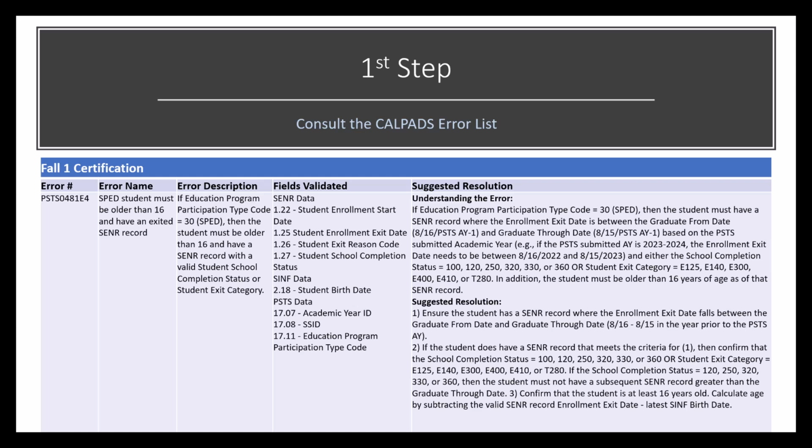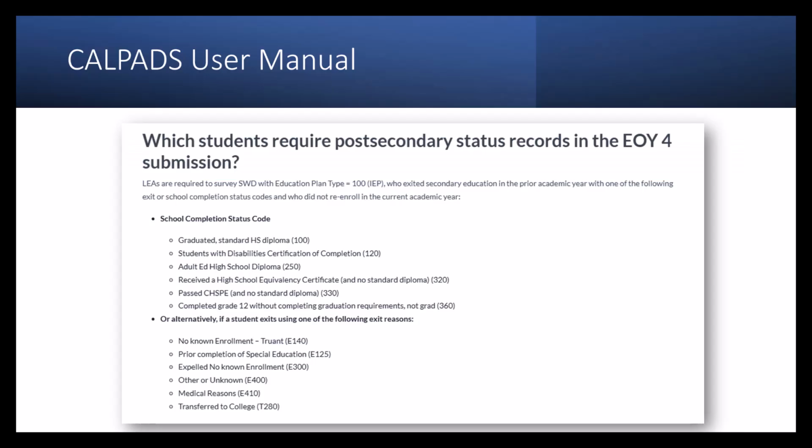So there's 3 different criteria in the suggested resolution, and we have to sometimes look through all 3 criteria to identify the source of the error. So some good resources to identify information about the PSTS and this particular error would be the CALPADS User Manual, which says students require post-secondary status records in the end of year 4 submission.